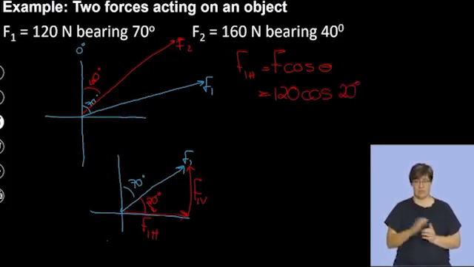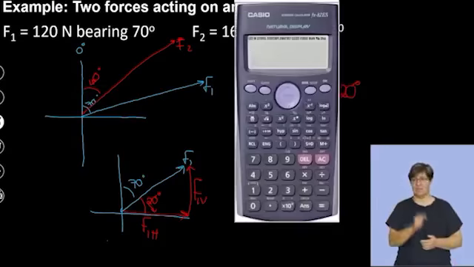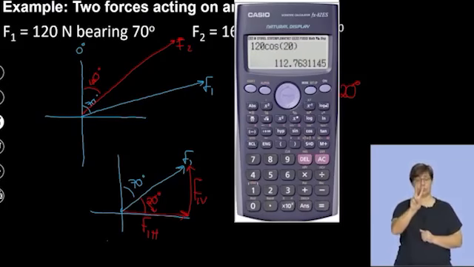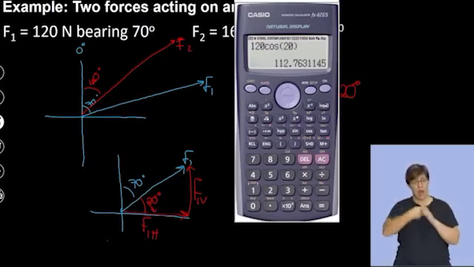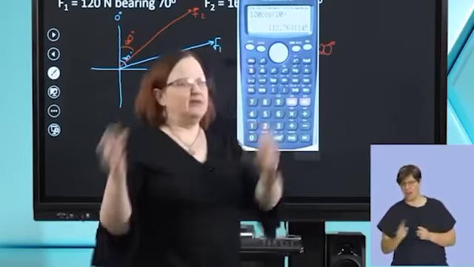Now, my maths is good, but I can't do this in my head, so we're going to use the calculator. Remember, we're doing 120 times cos, and our angle was 20 degrees. Don't forget to close your bracket. And we get 112,76. Your instructions in any exam: round off to at least 2 decimal places. You can use more, but 2 is fine.